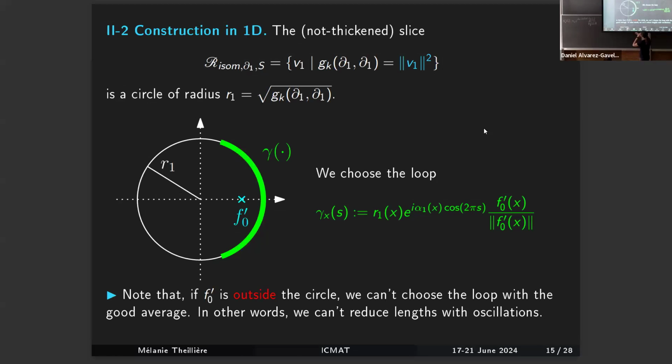And note that if F0 prime is outside the circle, there is no loop which satisfies your constraint. That means if F0 is outside, the lengths are already too big, and we can't reduce the length using corrugation. So maybe again, a note. Since the slice is this circle, we see that the convex hull is the disk, so it's not ample. So here today we consider not ample relations.